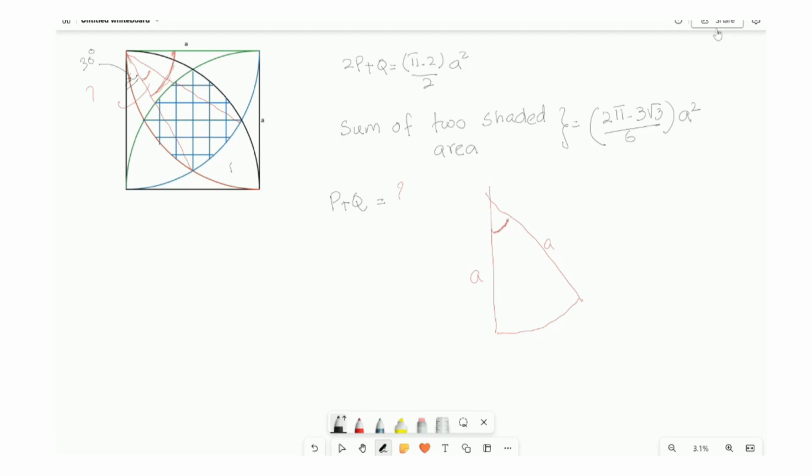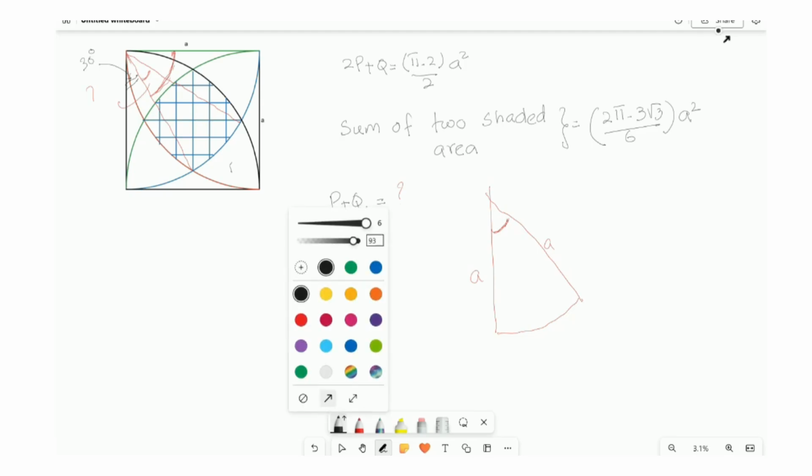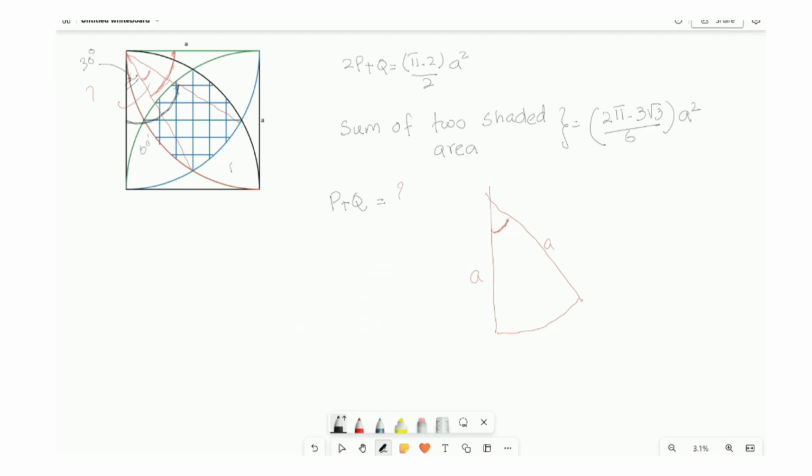And in a similar way, this angle is 60 degrees. Because this is a right angle triangle, that part is also 30. So this part is 30, that part is 30, therefore that middle part is also 30. So that means this angle is 30.